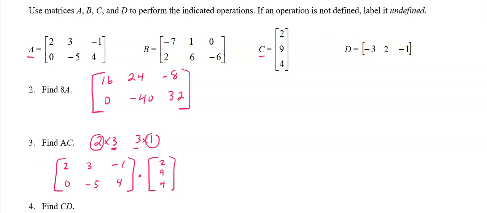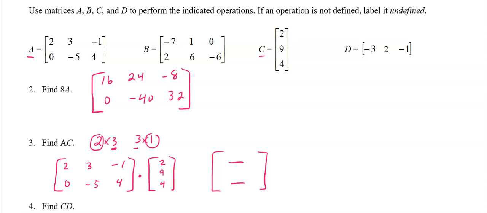We only have 1 column, of course, so that's not too tough to determine. So I'm going to set up a blank 2-row, 1-column matrix. That's just one element over another.